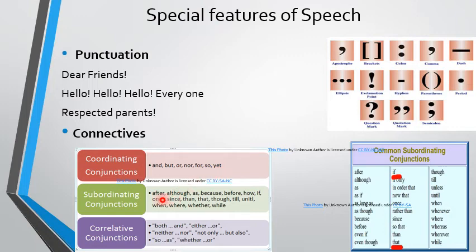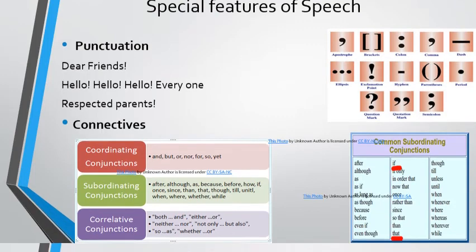The other part shows subordinating conjunctions, which connect a subordinating clause to an independent clause. And on this side you again have a good list of commonly used subordinating conjunctions and correlative conjunctions. As you know, they are paired conjunctions, so please focus on using these conjunctions, because without them you cannot have good unity in your work.